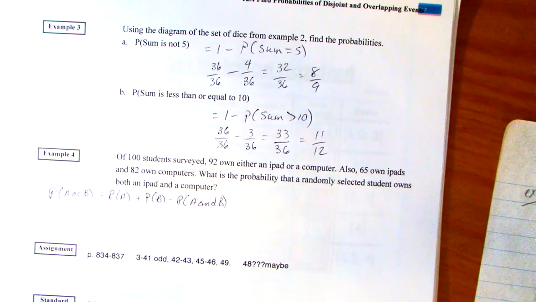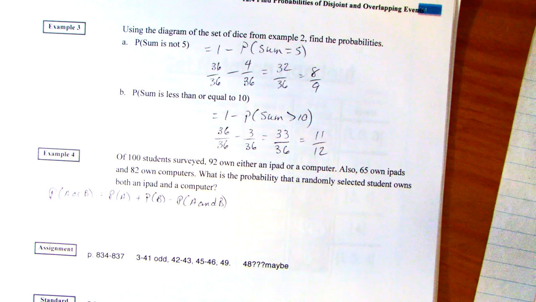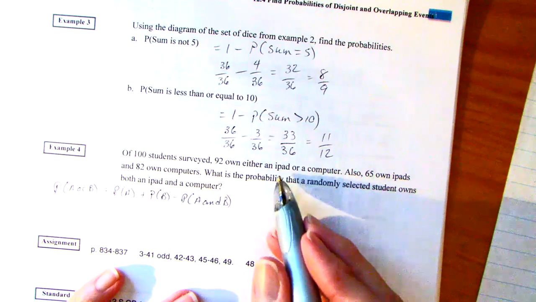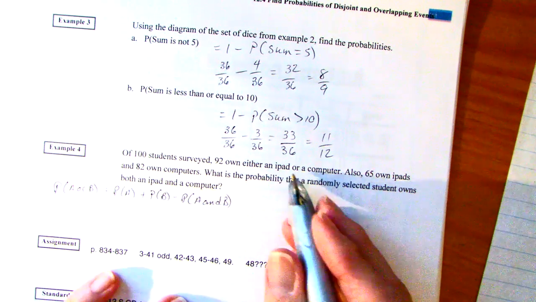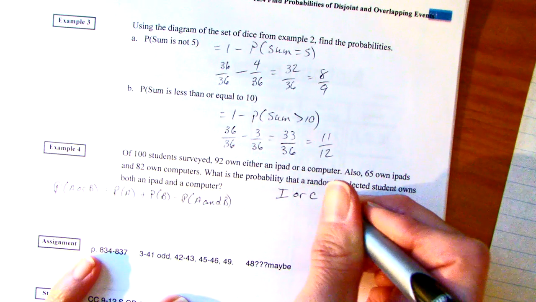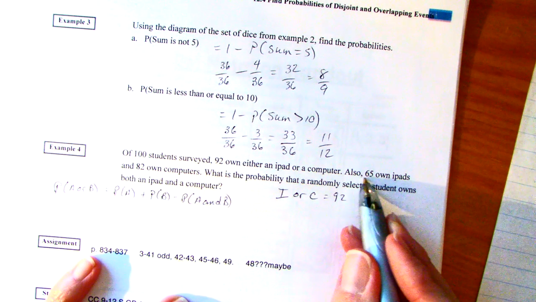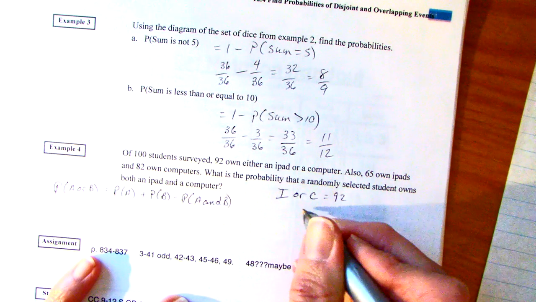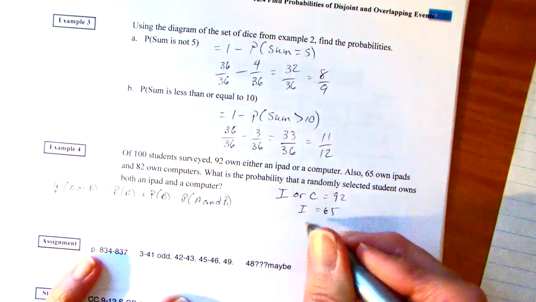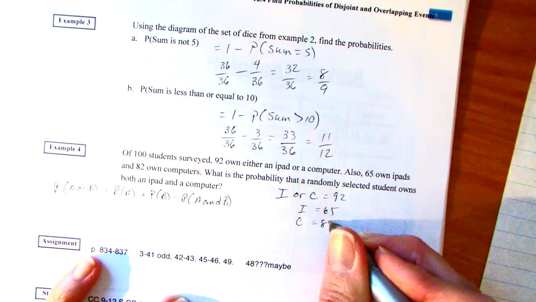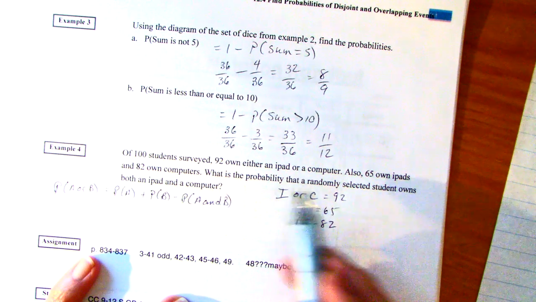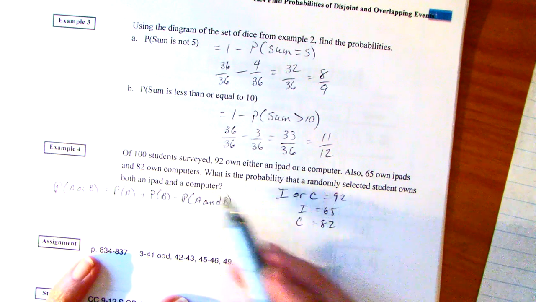All right, here we go. Of 100 students surveyed, 92 own an iPad or a computer. So I'm going to say iPad or computer equals 92. Also, 65 own iPads. 82 own computers. What is the probability that a randomly selected student owns both an iPad and a computer?